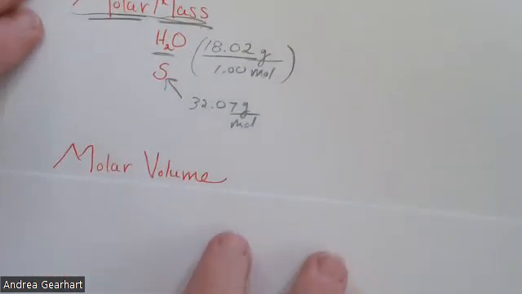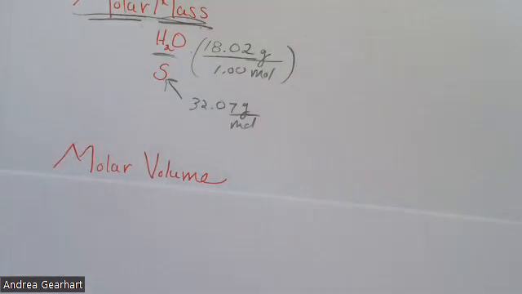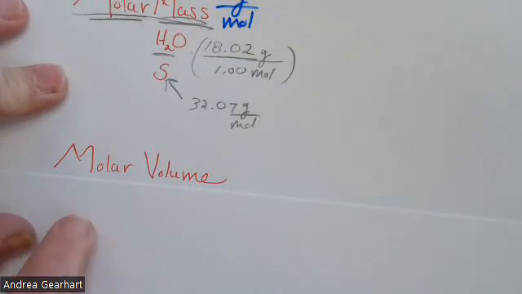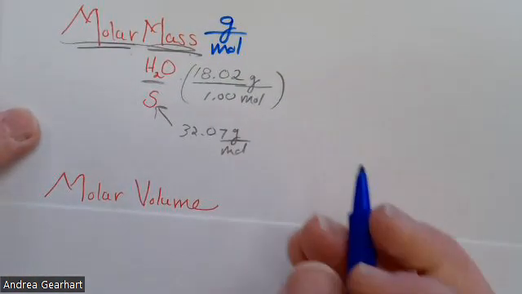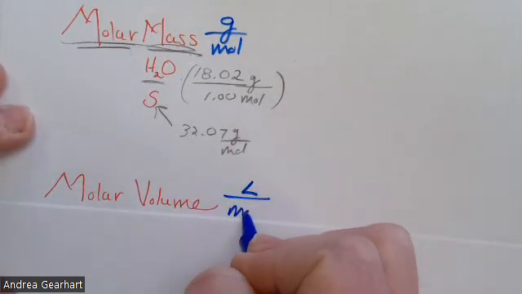Molar volume. So if molar mass is gram per mole, what would molar volume be? A unit of volume per mole.